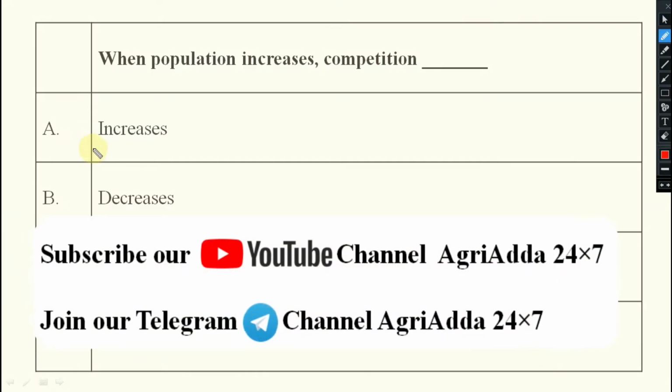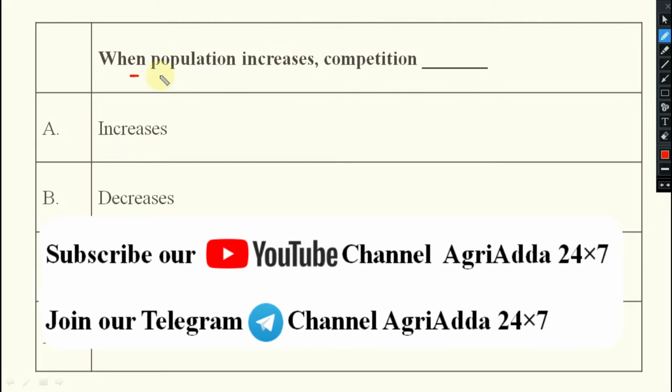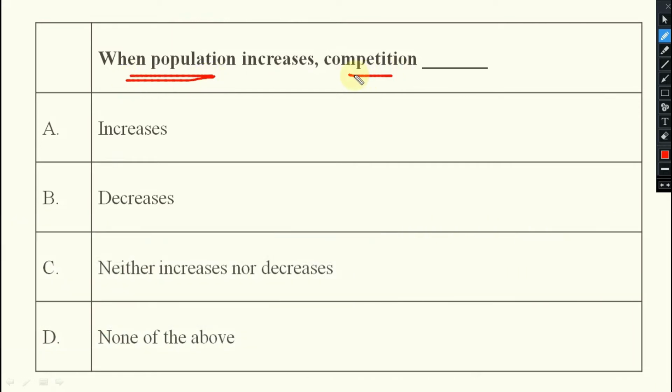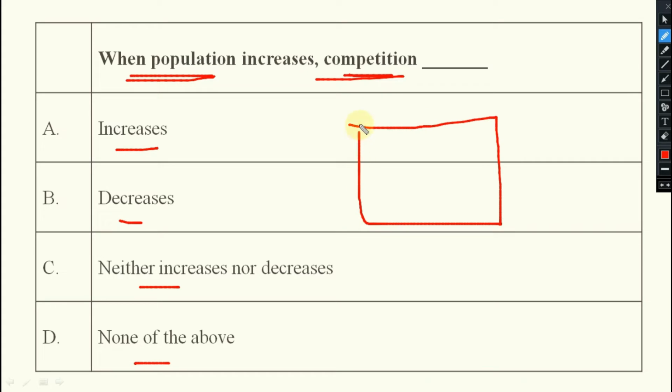As you can see, the first question is: when population increases, what happens to competition? Does it increase, decrease, neither, or none of the above? Suppose a school or some area has 6 plates of food and only 6 students. Easily they will each feed on one plate.